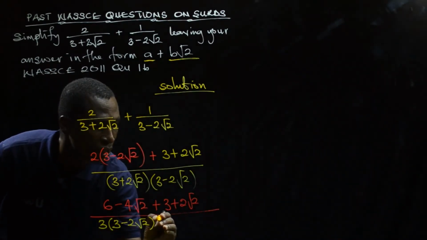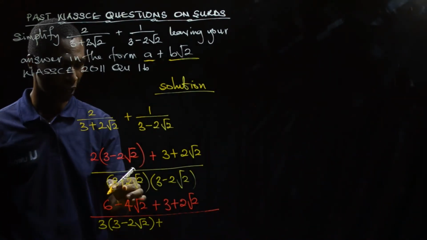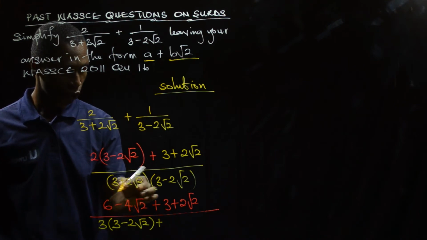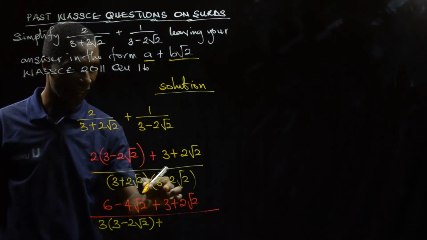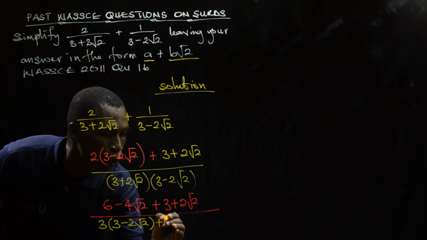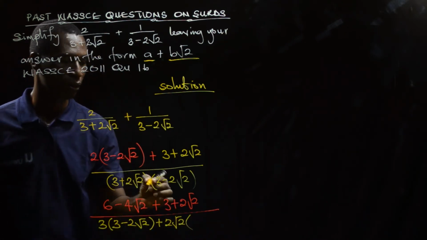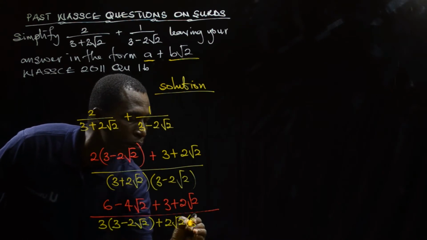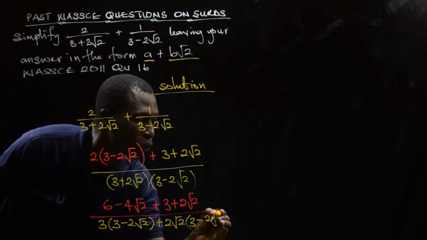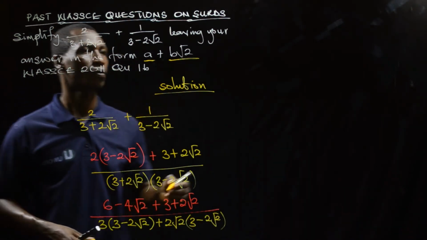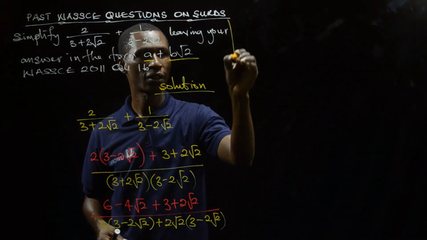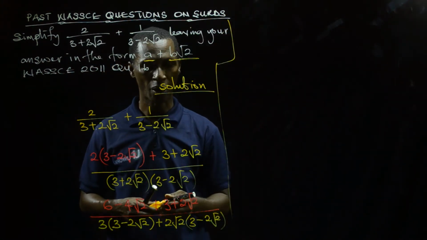Then I bring the operational sign again, which is plus. Then 2 root 2 is also going to multiply the entire items in this, so I'll have 3 minus 2 root 2. Let me create a space here, then continue with my workings.